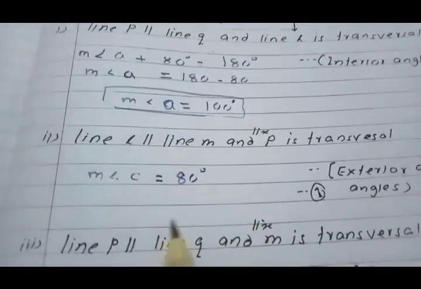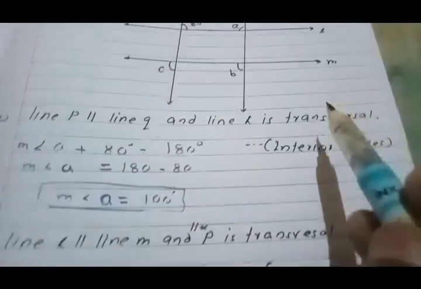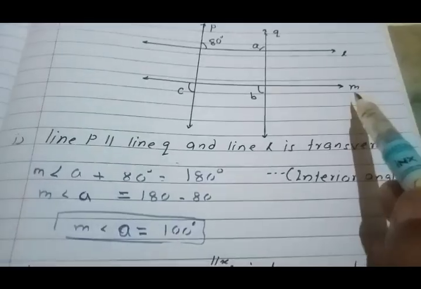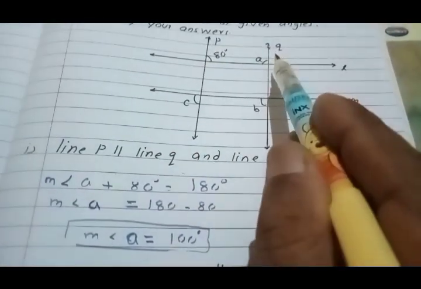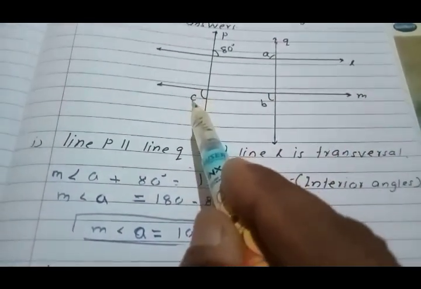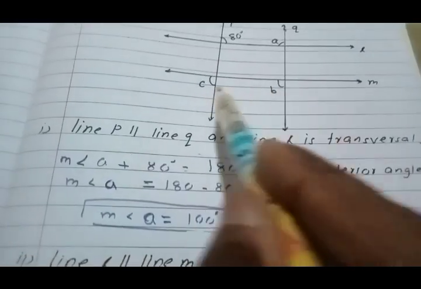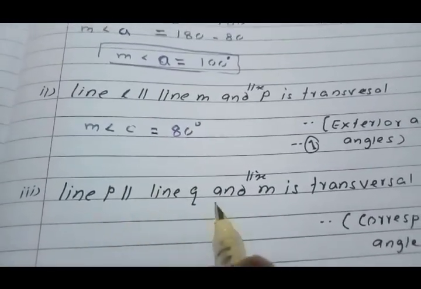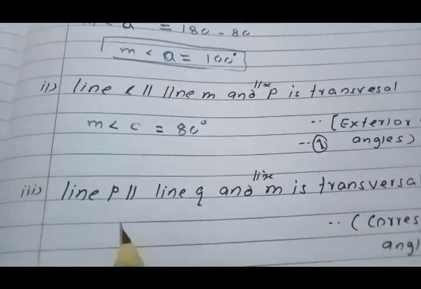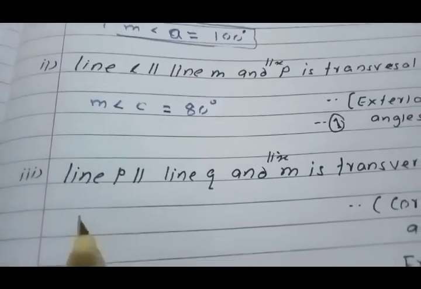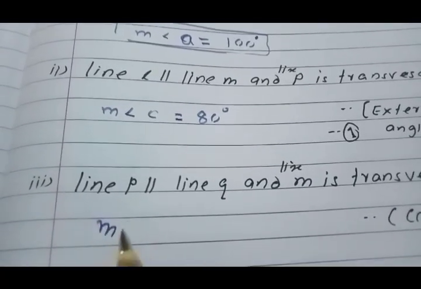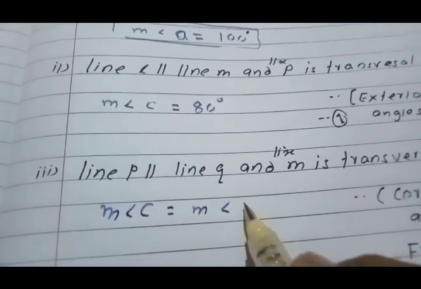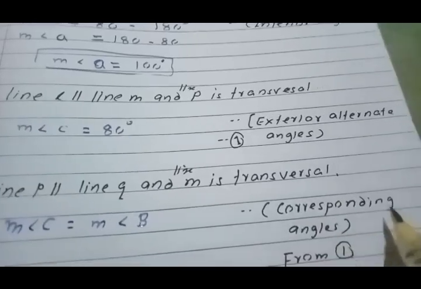Then line P parallel Q and M is a transversal. Angle C equal to angle B, corresponding angles congruent. So measure angle C equal to measure angle B, reason: corresponding angles.